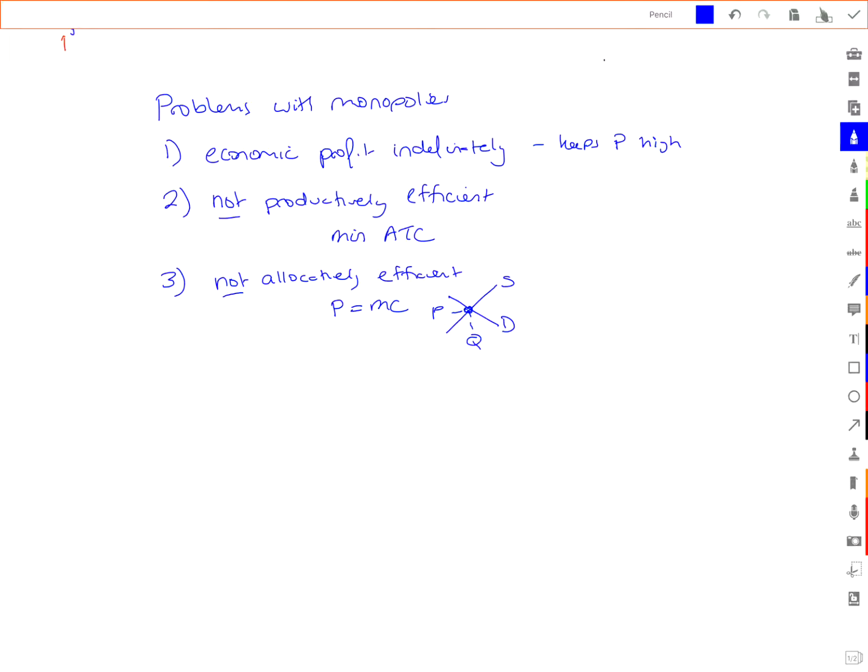So monopolies have economic profit indefinitely. They're not productively efficient. They're not allocatively efficient. They produce less so they can charge more. Compared to a perfectly competitive market, the quantity is less and the price is higher.